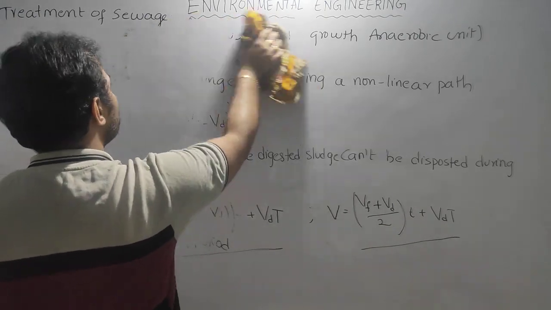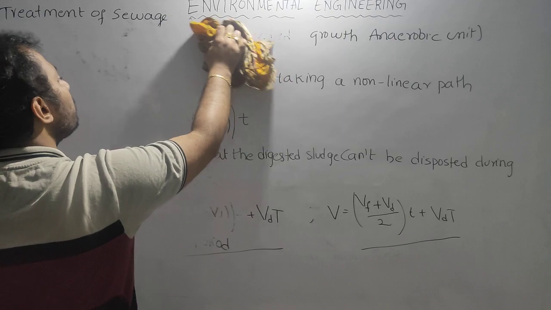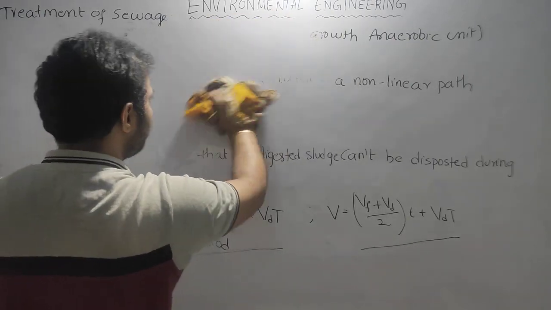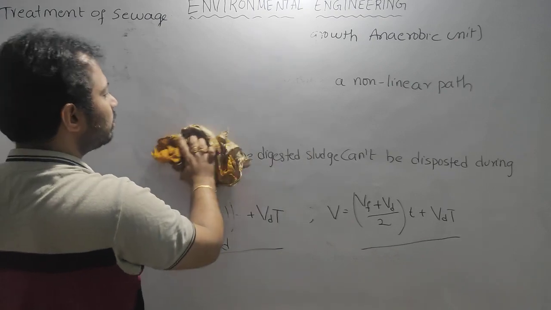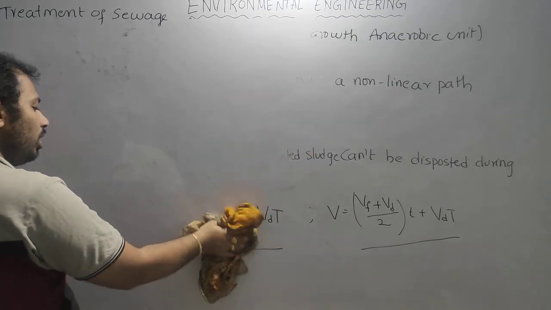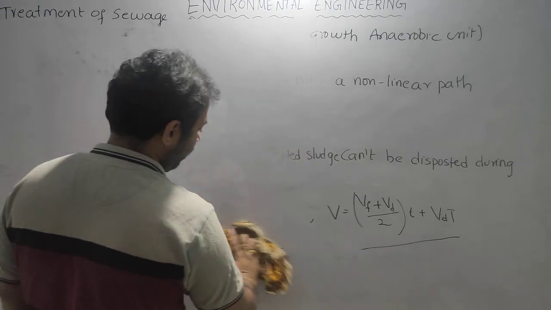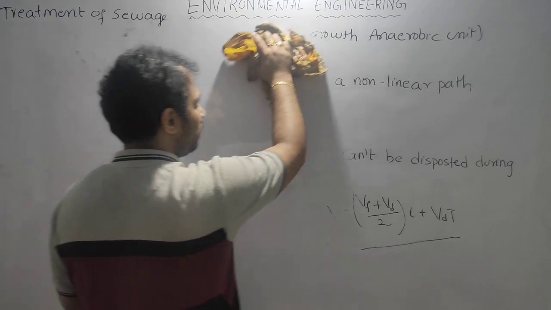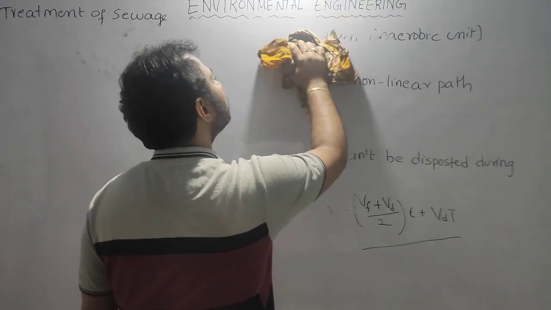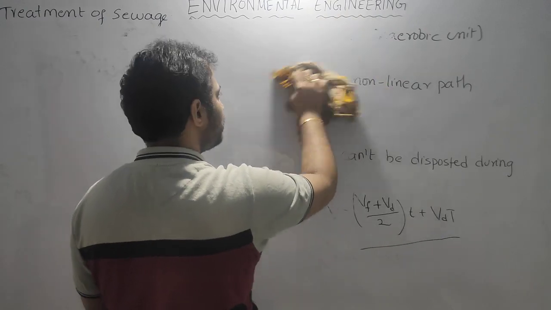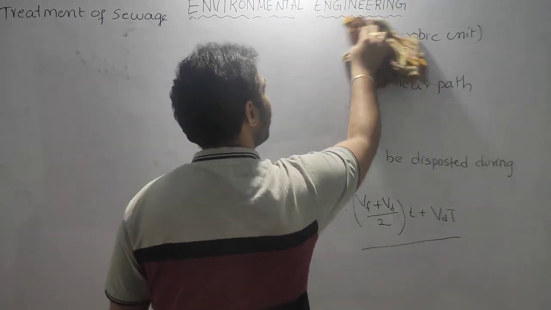That is nothing but the flush system. Water does not need any treatment, it can come out safely. But the sludge needs treatment, so separation of the sludge and water needs to take place inside the septic tank.